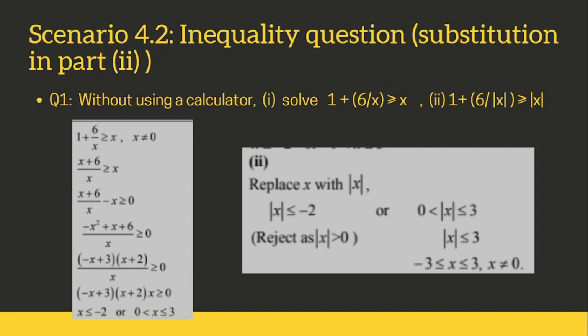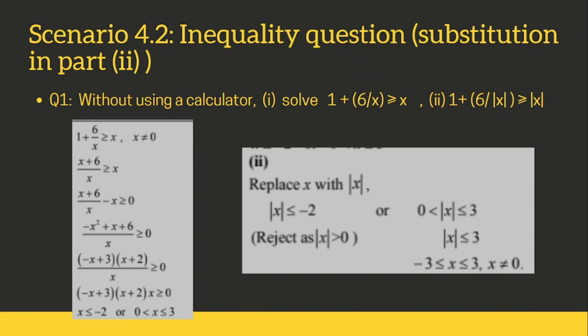Then on the other side, you have 0 is less than modulus x, which is less than or equal to 3. In that case, you can remove the 0, because no matter what, you can still get a modulus which is less than or equal to 3, because a modulus will never be negative. So you remove the modulus and have minus 3 is less than or equal to x, is less than or equal to 3. The reason is that, let's say you have minus 2 as your x.